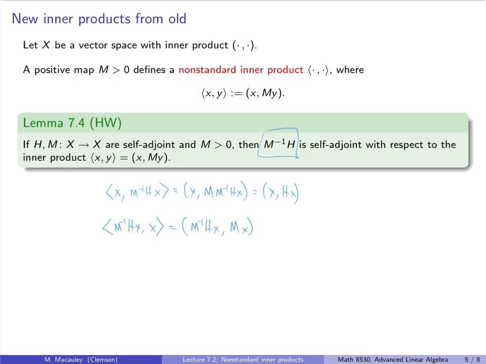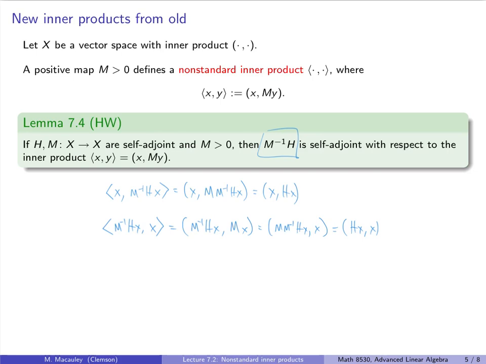And if M is self-adjoint, then we can move it over here and get M inverse Hx dot x, or just the inner product of Hx and x. And we know that these two are the same because H is self-adjoint.